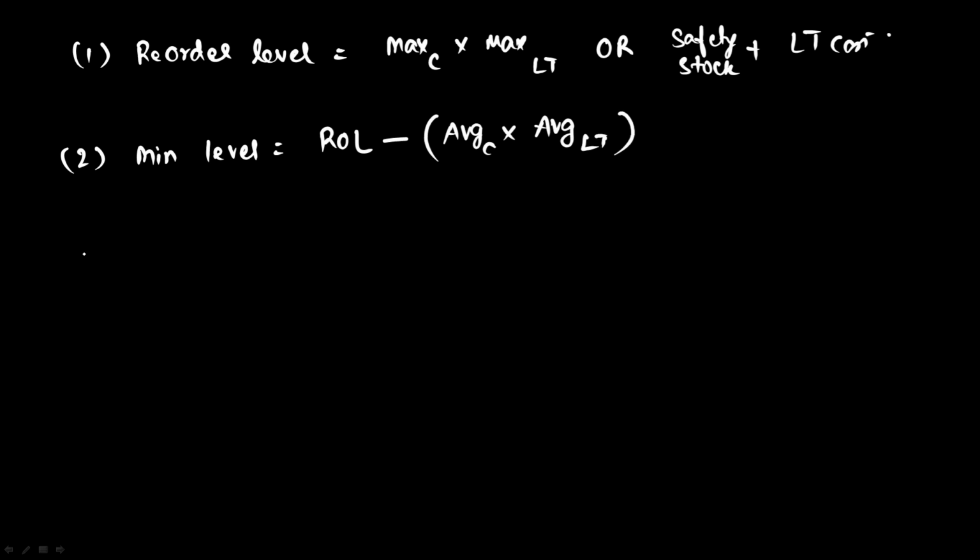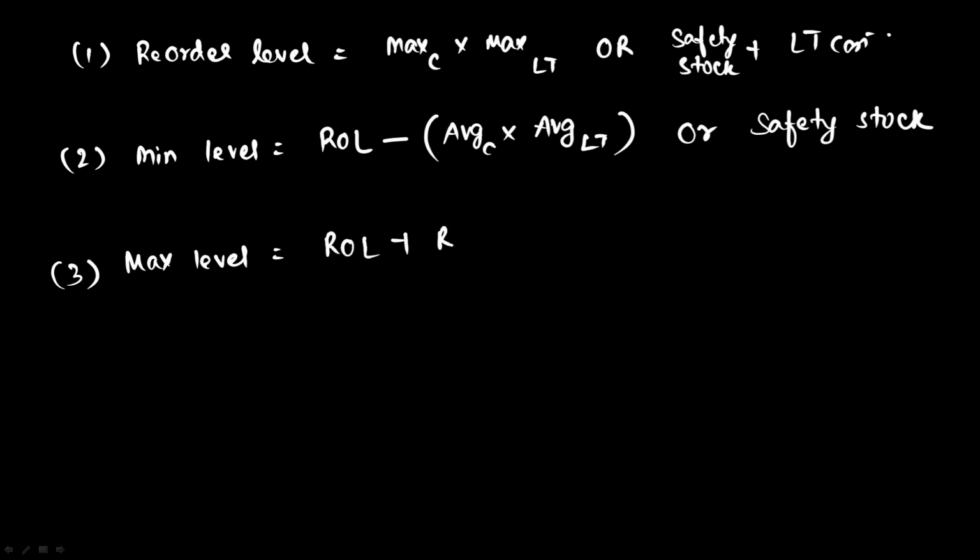Or there is another, you can just take minimum level as safety stock. Maximum level, the total stock will be ROL plus ROQ. But during your lead time, minimum there will be consumption of minimum consumption into minimum lead time.